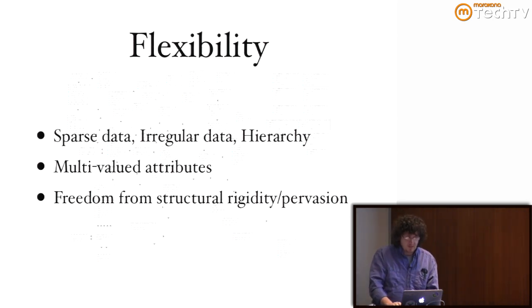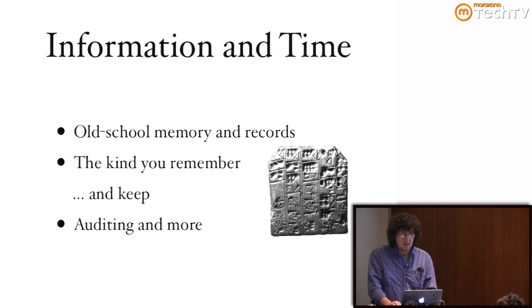In addition, lots of things are difficult to represent in a traditional relational model, like sparse data or irregular data, hierarchical data, and things like that. So we want to be more flexible, we want to be more agile in our development, and we want to try to avoid this rigidity seeping in.